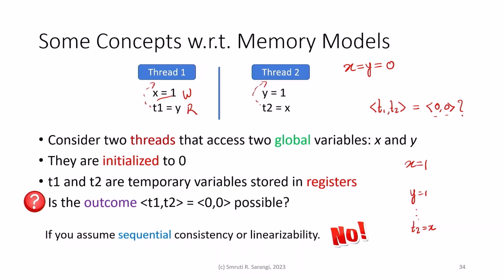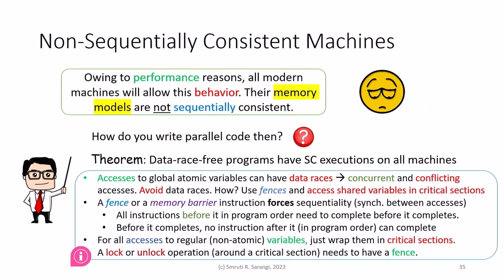So that's all right. That is why sequential consistency is a theoretical model. It's not practically provided. And if it is not practically provided, then we need to have other specifications, other memory models. So we have seen linearizability, we have seen sequential consistency. So let's see a few more then, the ones that are practically implemented.